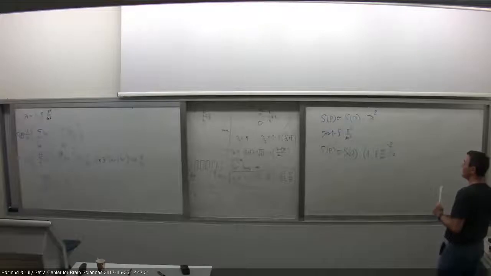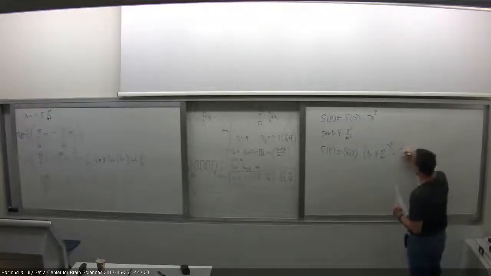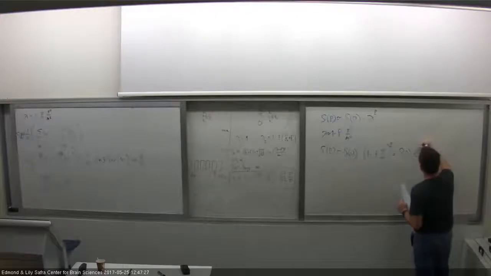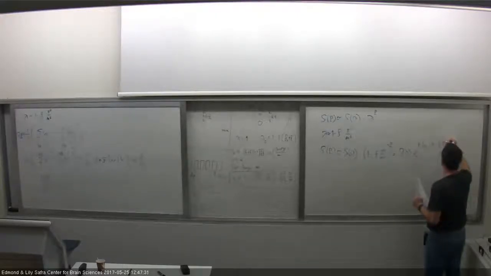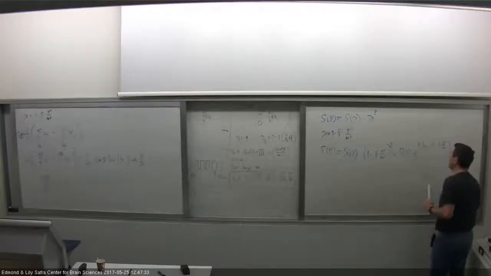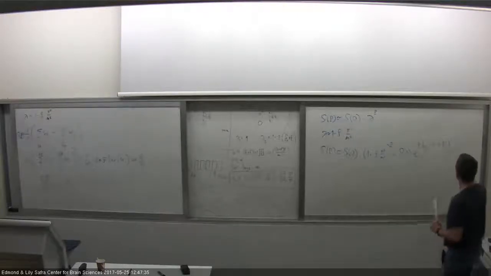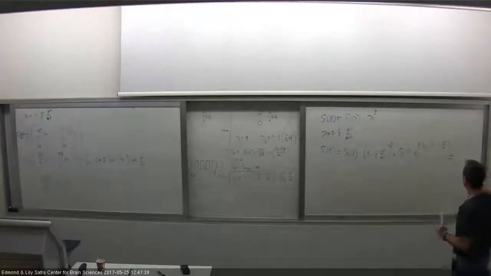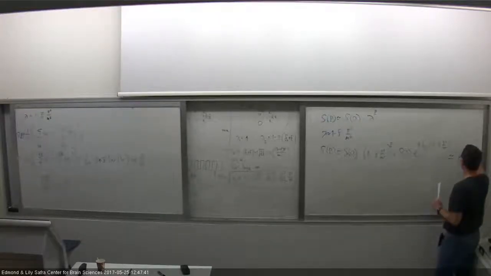So what do we do with this? e to the p log of 1 minus f pi square over m square. And since we are working in the regime where m is large, this will be asymptotically equal to e to the minus p f pi square over m square.